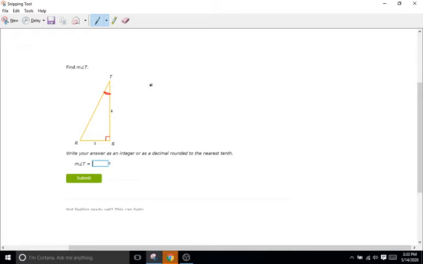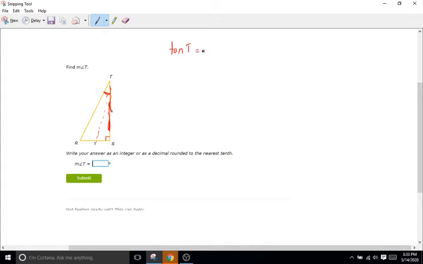So what we are going to do is use our trig functions to figure out what angle T is, and then use our inverse trig functions to solve for the degree value. And so we want to find the trig function that is going to let us use both of the sides that we know about. So from T, we want the trig function that lets us use the opposite, and then also lets us use the adjacent side. So what trig function lets us use the opposite and adjacent side? Well, tangent.